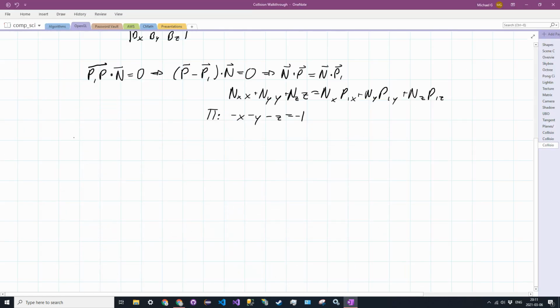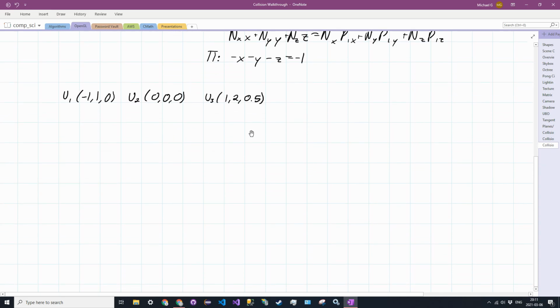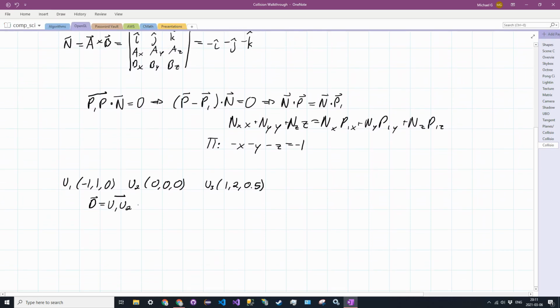Alright, so once again we have our points U1, which is (-1, 1, 0), U2, (0, 0, 0), and U3, (1, 2, 0.5). And then we have now our vectors D, which is equal to U1 to U2, and this is going to be equal to (1, -1, 0).